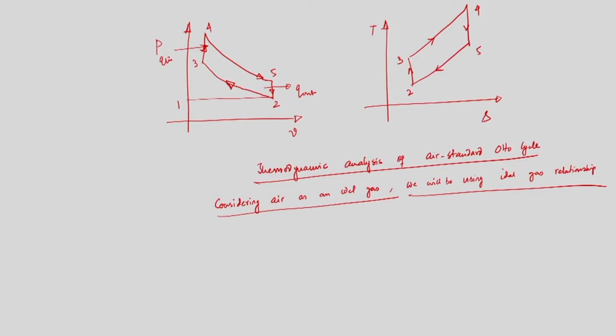I am just recapitulating what we have learned in thermodynamics. PV is equal to RT, capital PV is equal to mRT, P is equal to rho RT, then dh is equal to Cp dT, du is equal to Cv dT. Then we assume PV to the power k is equal to constant, for an isentropic process.